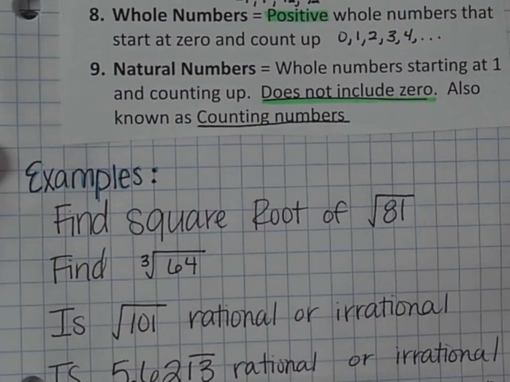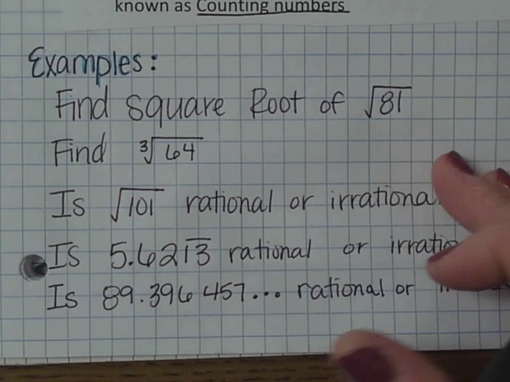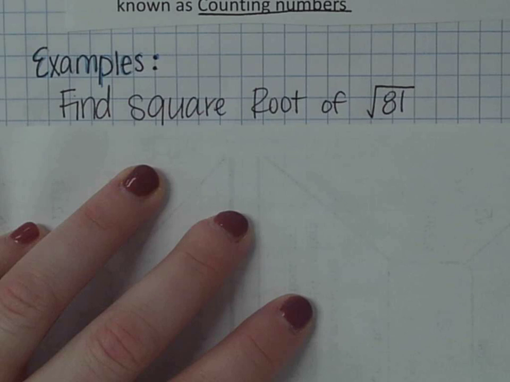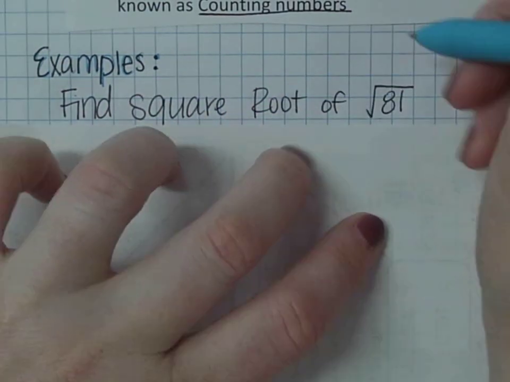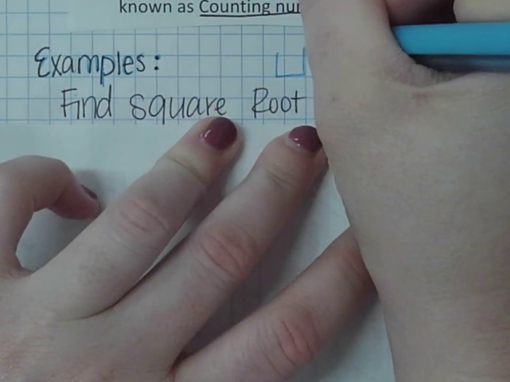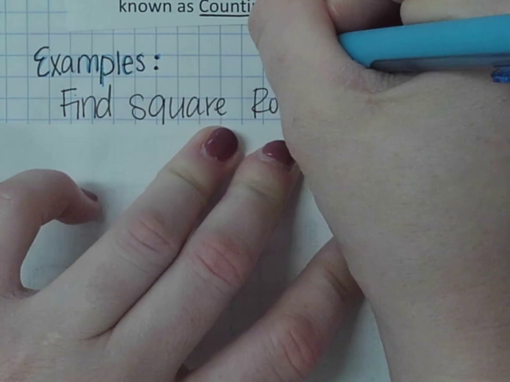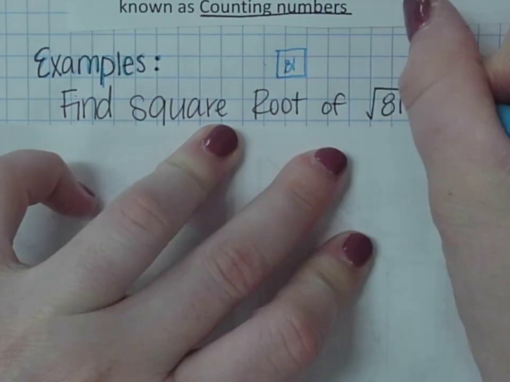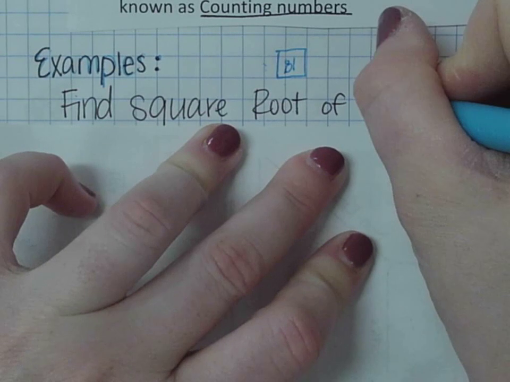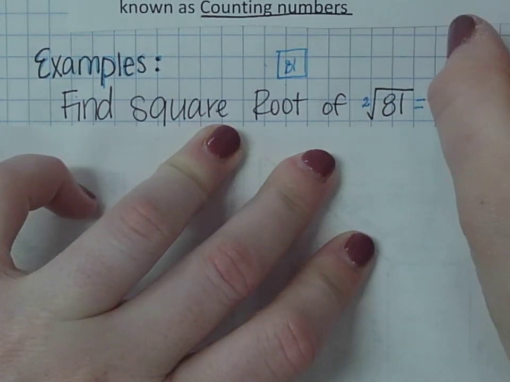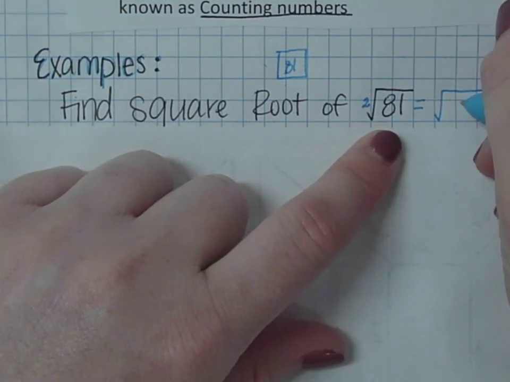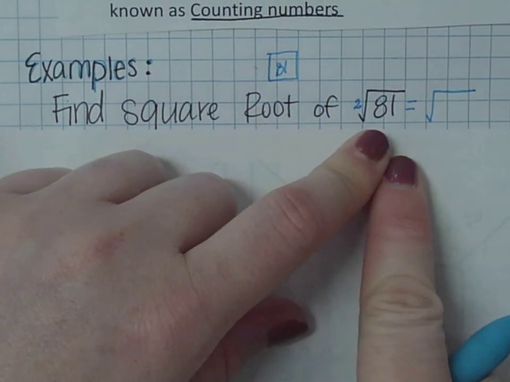And now I want to do a few examples using those vocabulary words. So if I told you to find the square root of 81, remember square root, you can think about it as a square of 81, and you're trying to find the 2 numbers that multiply to get that. Or, remember there's an index of 2. So you want to find what number times itself gives you that.